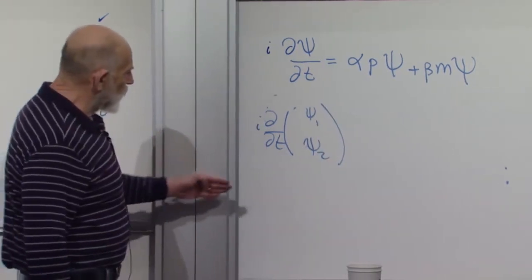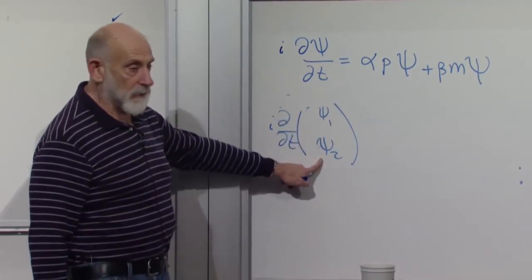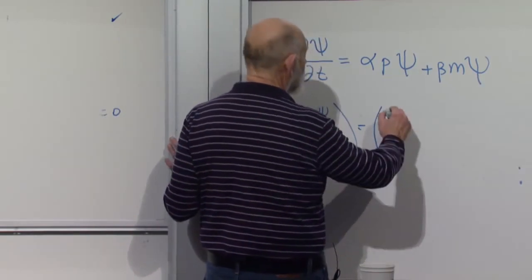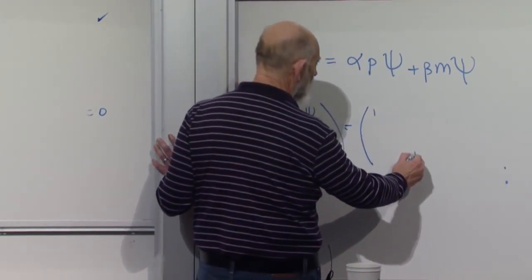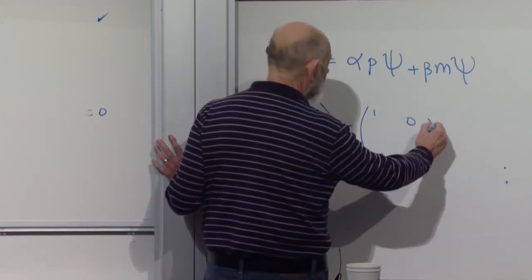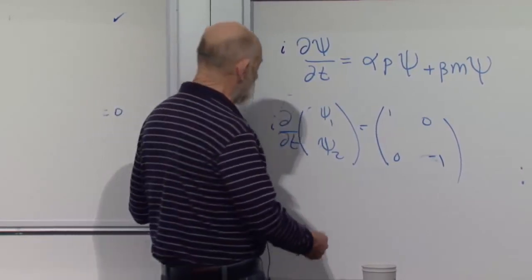And this stands for a column made out of I d psi 1 dt and I d psi 2 by dt. Then we have alpha, and alpha is 1, minus 1, 0, 0, times p, but p is minus I d by dx.